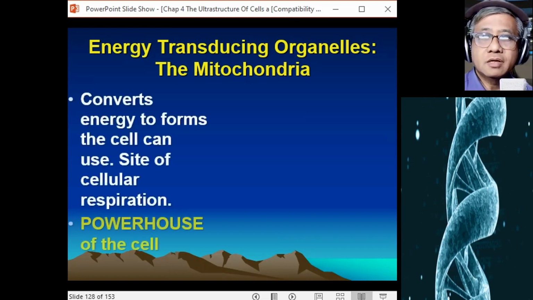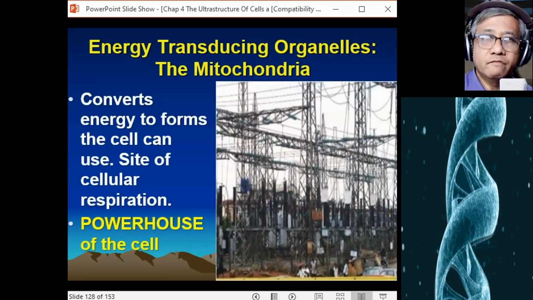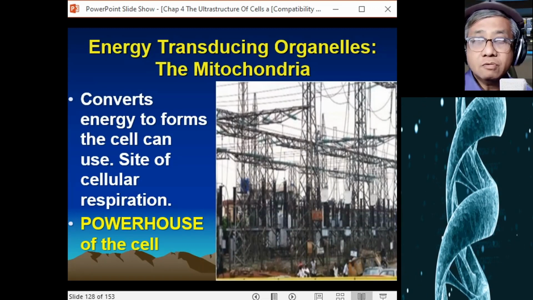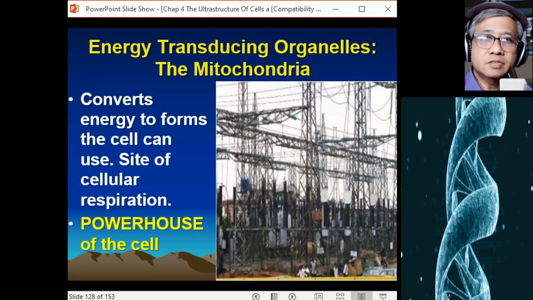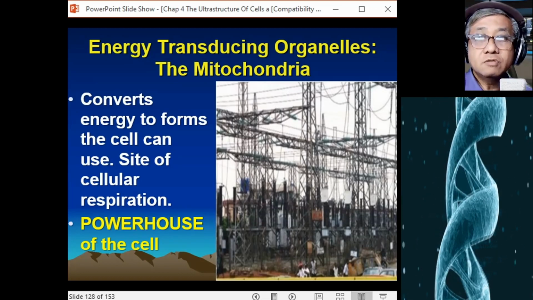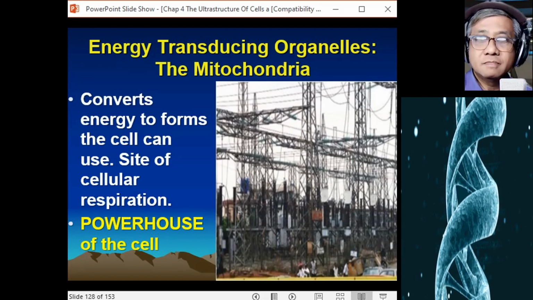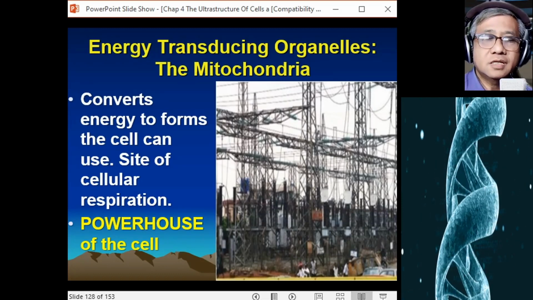Now, the mitochondria converts energy from food molecules like glucose to a form that can be used by the cell, and that energy is ATP.